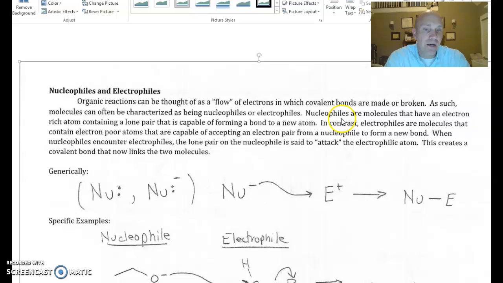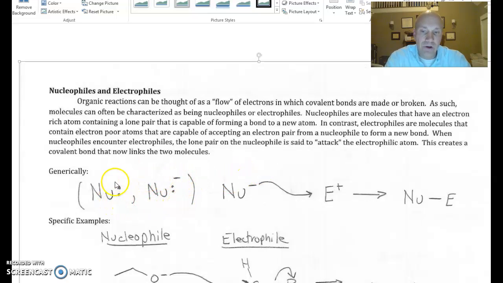The atom that nucleophiles are going to form that bond with are what are considered electrophiles. So electrophiles are molecules that contain electron-poor atoms that are capable of accepting an electron pair from a nucleophile.